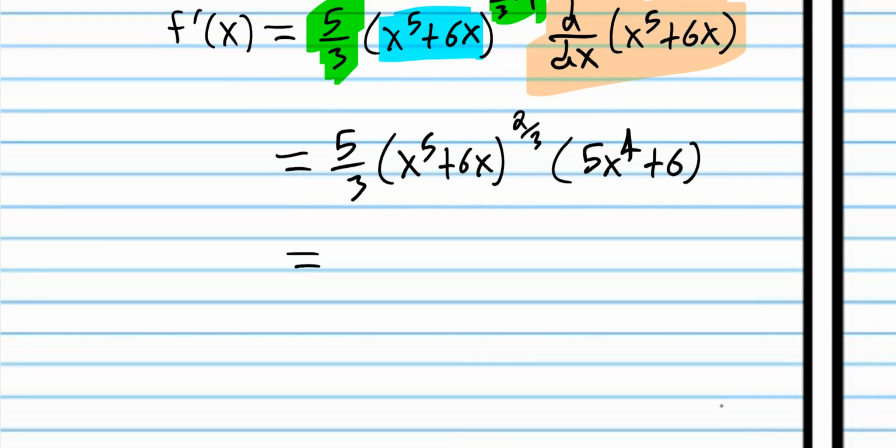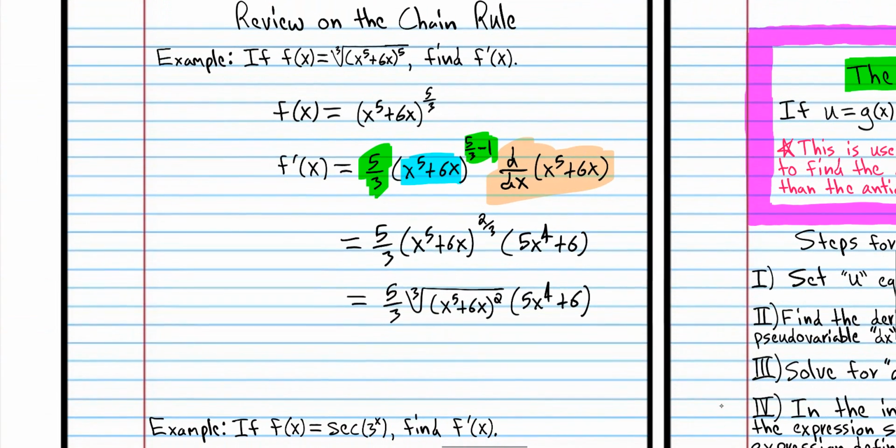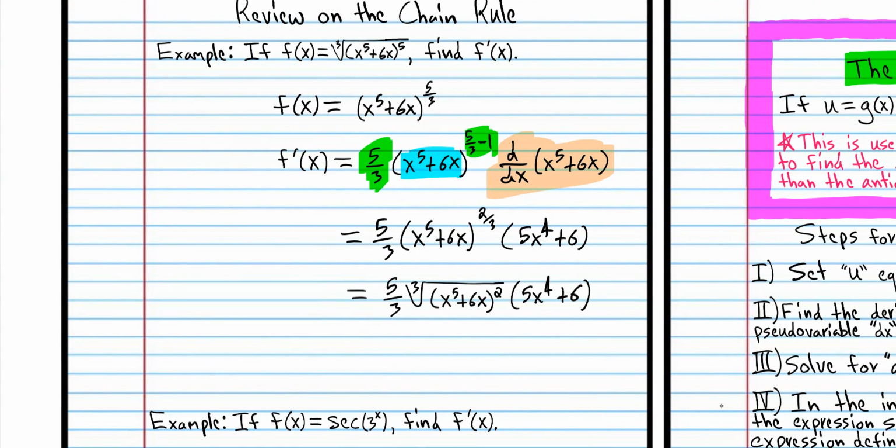And in my curriculum, remember, we're not allowed to leave our answers with fraction exponents, so we have to change to the cube root of x to the 5th plus 6x to the 2nd power times 5x to the 4th plus 6, and we can just leave our answer like that. So that was the chain rule.